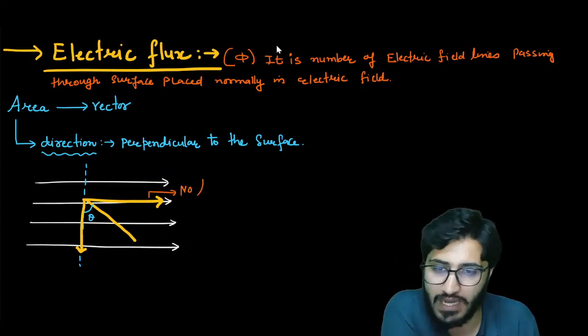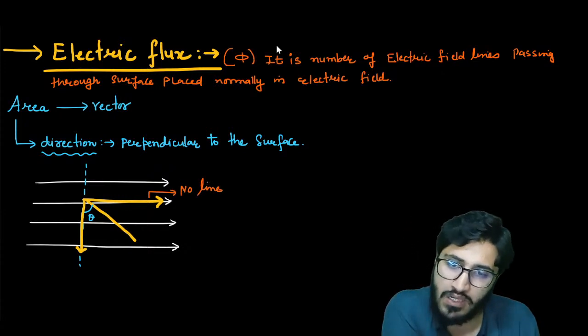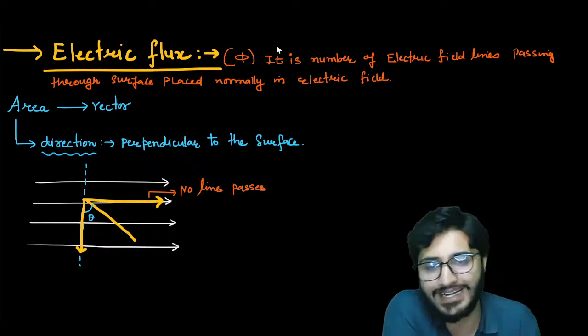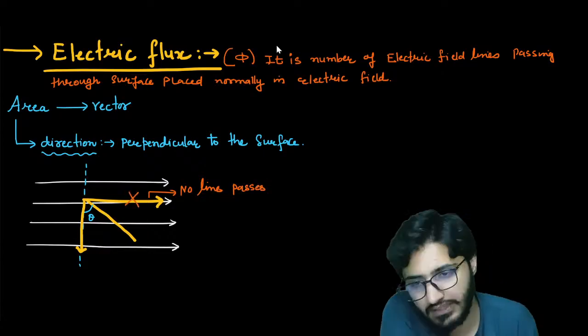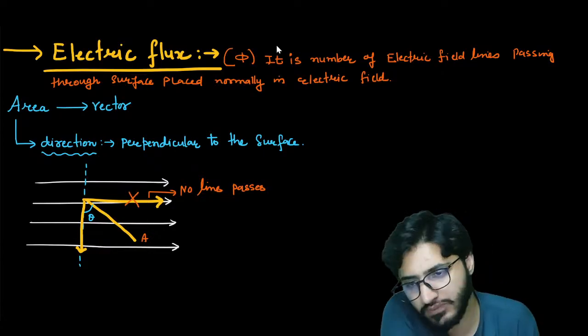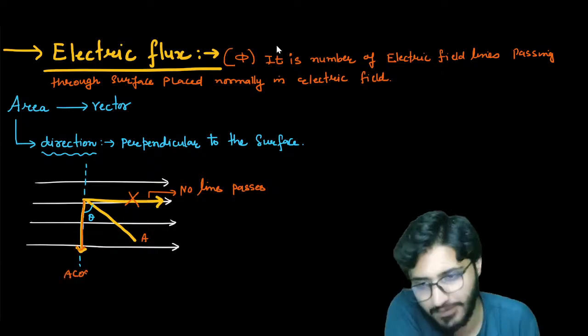You can clearly see from this figure in this way, no electric field line passes. So I can discard it. There is no usage of this one. But through this one, maximum lines pass. So it will be A cos theta.